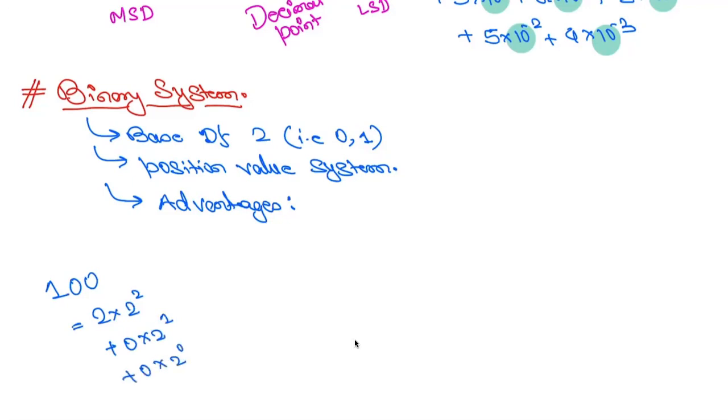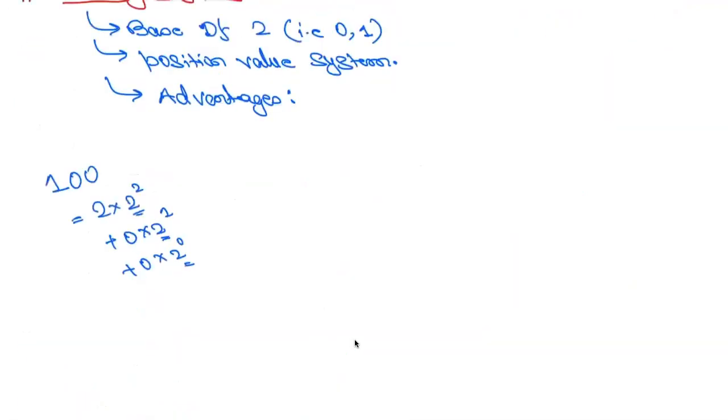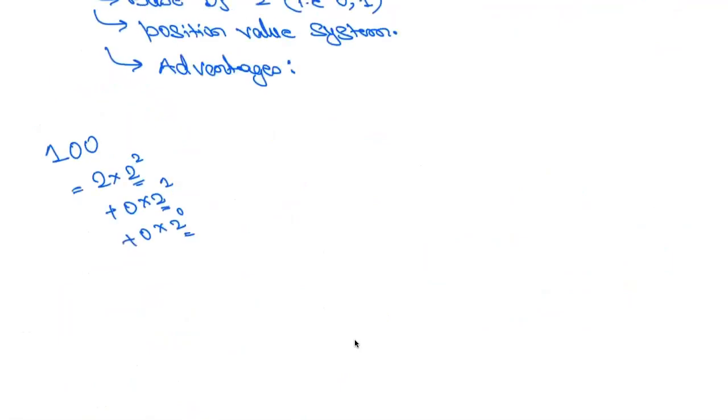Now if you want to build a computer, you will see that it has to multiply 2 to the power something, same as the decimal system. You will program that 10 to the power x you have to use. Here you will program a computer that 2 to the power x you have to use. यहाँ तक clear है? Same thing, yes or no? One computer will process with 10 to the power x, one computer will process 2 to the power x. Both are same, yes or no? यहाँ तक तो सेम है.